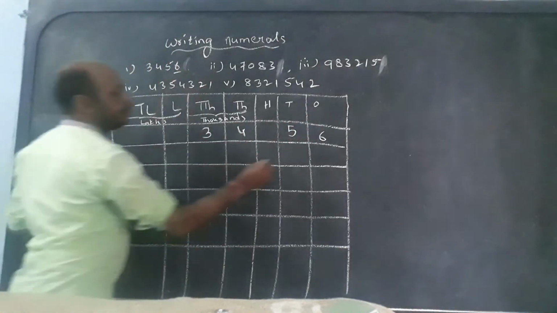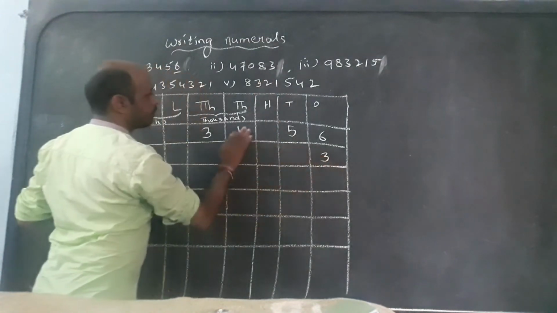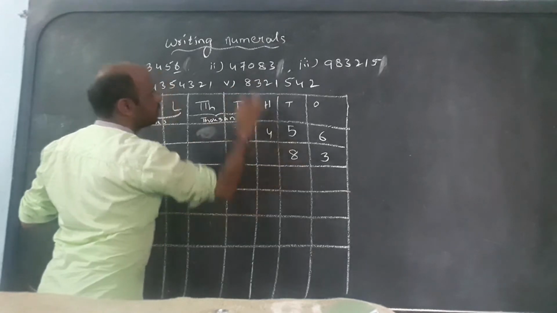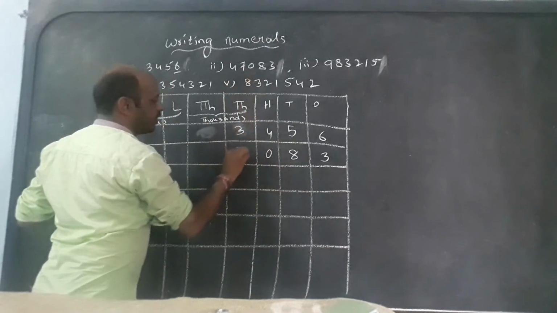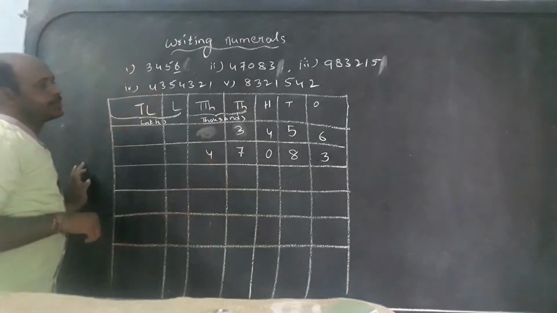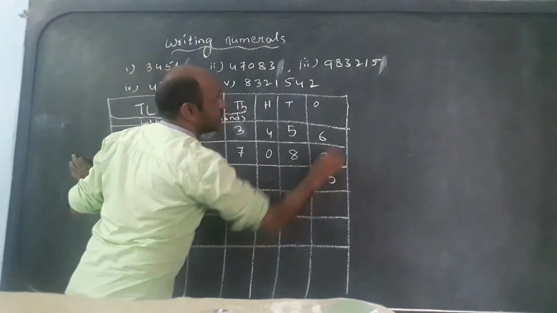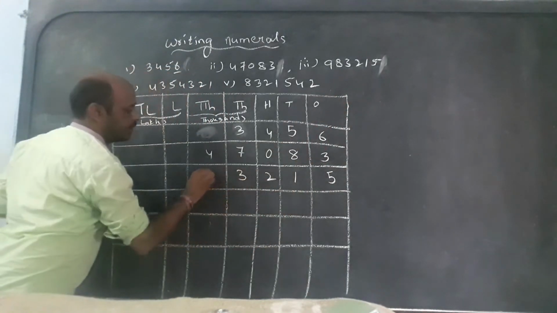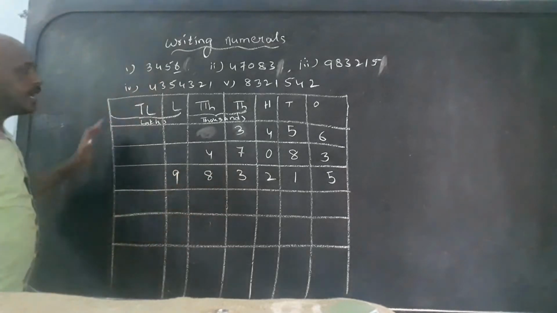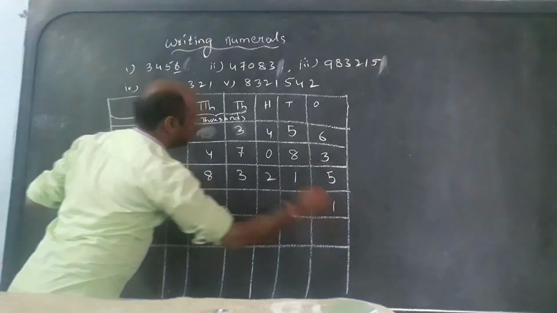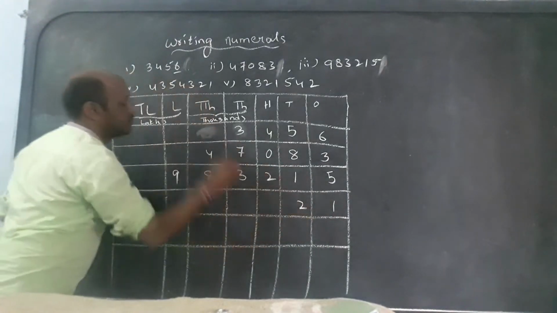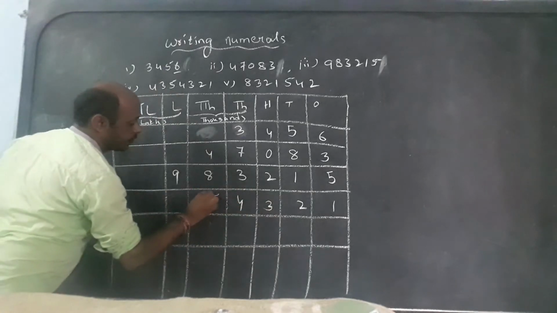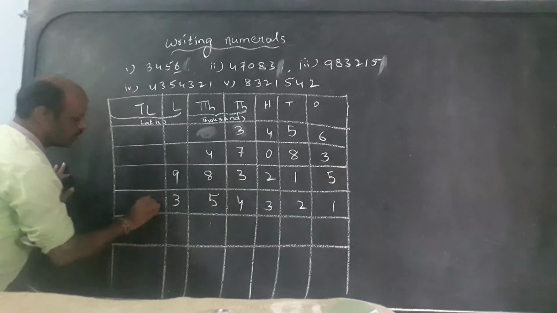Next, second question. First one is 3. Next one 8. Next 0, 7 and 4. Okay. Next one, first the ones place 5, next 1, 2, 3, 8 and 9. Next, fourth one: 1, 2, 3, 4, 5, 3, 4.